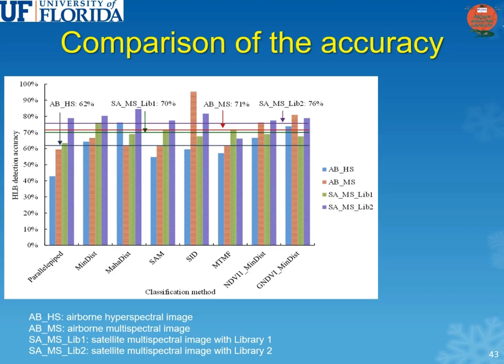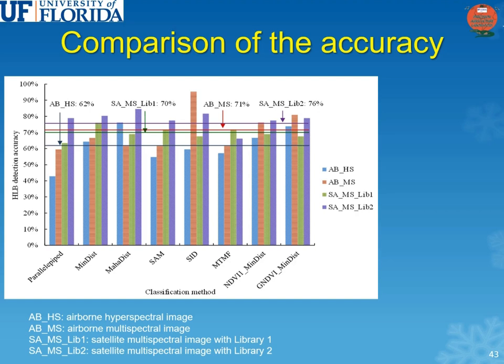So the line here shows you the average airborne hyperspectral image detection result. It's about 62%. And then the other one here, the highest one, satellite multispectral image using library 2, we achieved 76% detection accuracy.